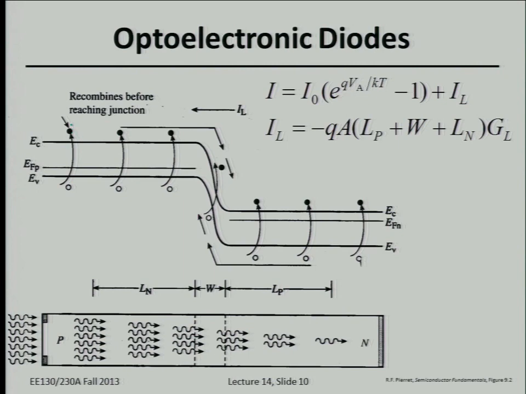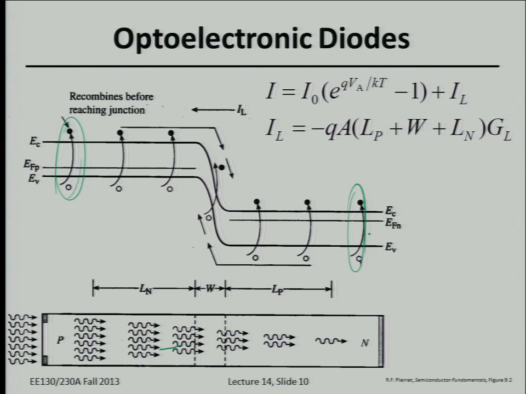Now this electron-hole pair that's generated due to light is not going to contribute to current because it's more than one minority carrier diffusion length away from the depletion region. And in this cartoon, this electron-hole pair is not going to contribute to current again, because once they get generated, they'll move around and eventually recombine before reaching the depletion region.